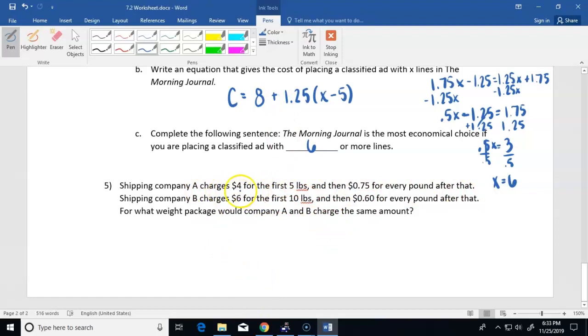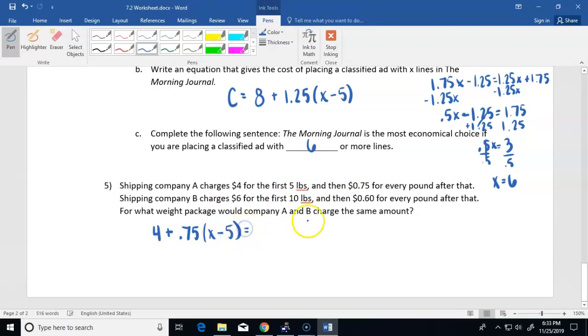Shipping company A charges $4 plus 75 cents for every pound after the first 5 pounds. Just like on that last one, we're not charging 75 cents for every pound, but for every pound above 5. So we'd put x minus 5 right here.